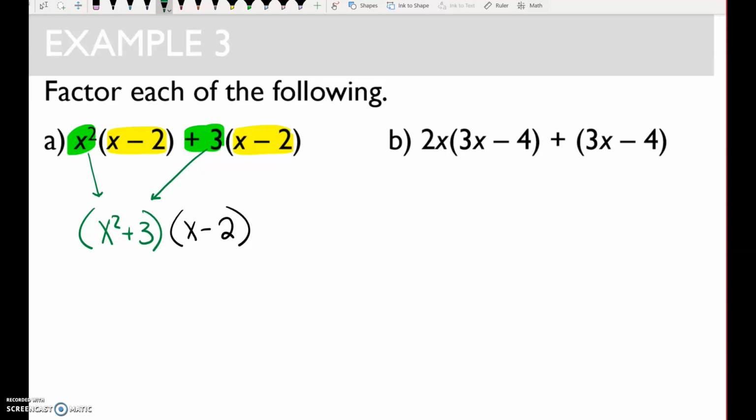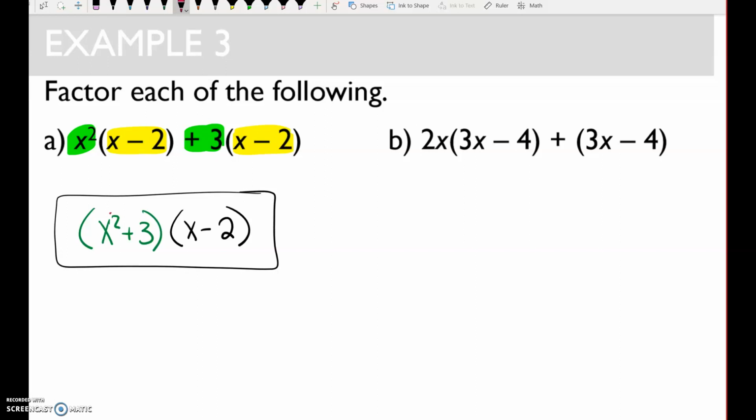Now, the most common question I get here is, where did the other x minus 2 go? So this step up here is really the distributive property written out. If I were to take our answer and say, let's FOIL, let's double distribute, let's multiply this out, we would do x squared times both of these.